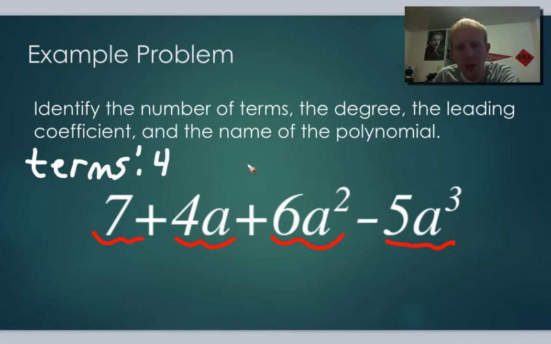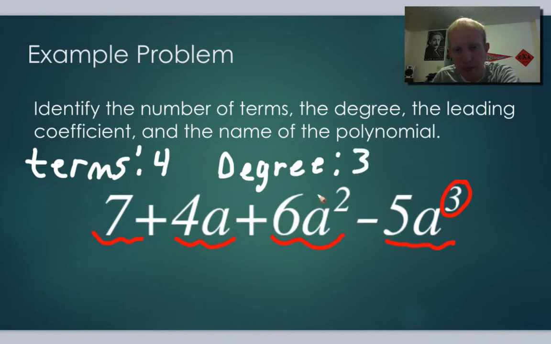The degree is going to be the highest power, which is this 3 over here. So degree is 3. The leading coefficient is the number in front of that highest power term, which is this 5. So the leading coefficient again is 5.